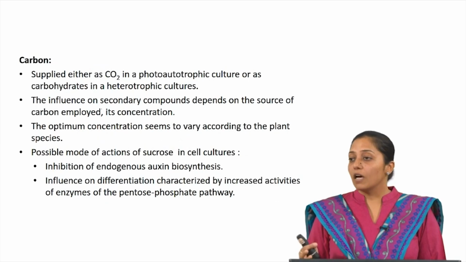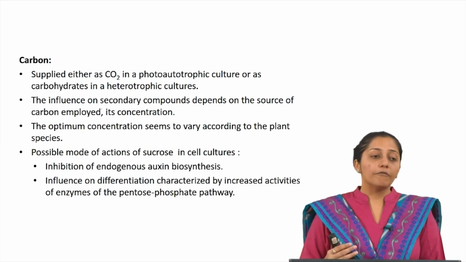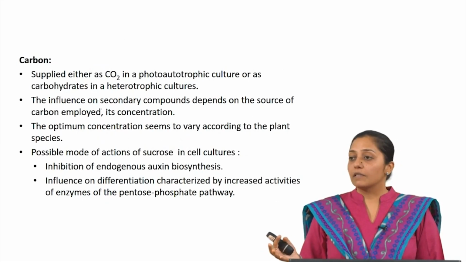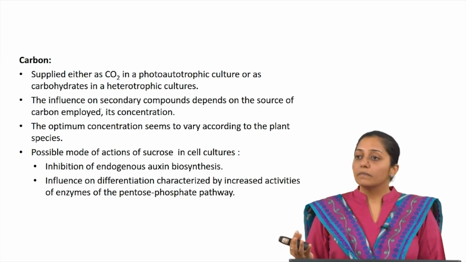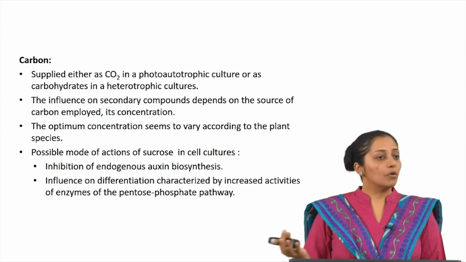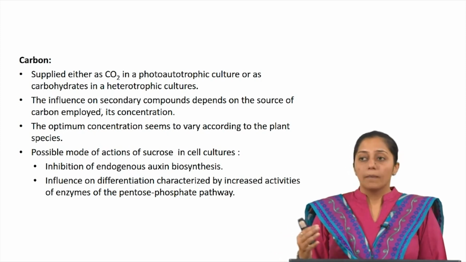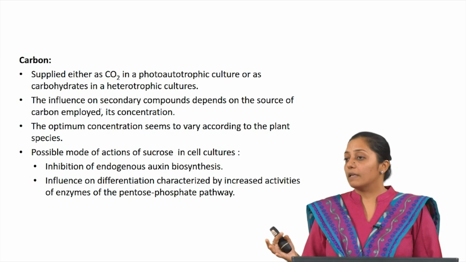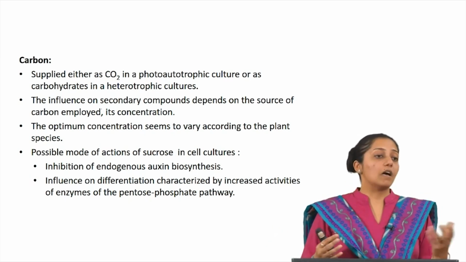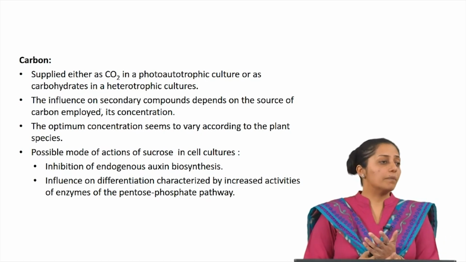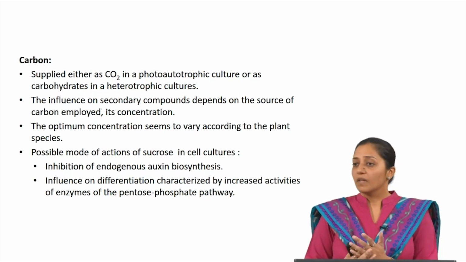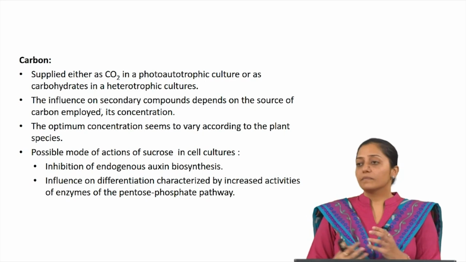Now, talking about carbon, being plant cells, if it is a photoautotrophic culture, then you need to provide light and CO2 is used as carbon source. But if it is a heterotrophic culture, then we utilize carbon sources like sucrose, glucose. Generally sucrose is preferred because sucrose is an economical carbon source.